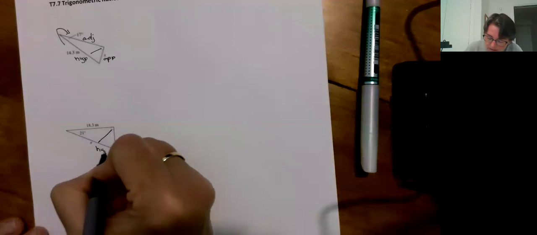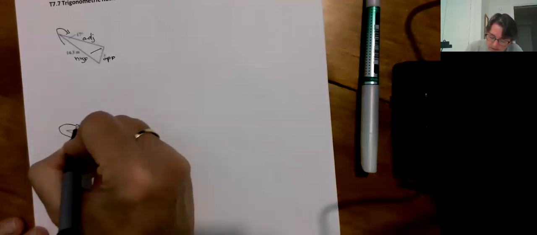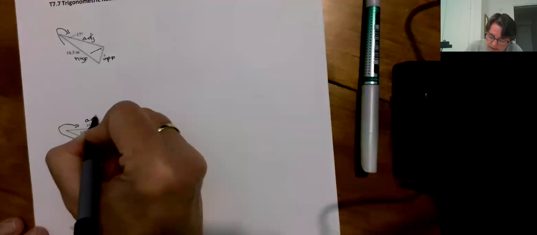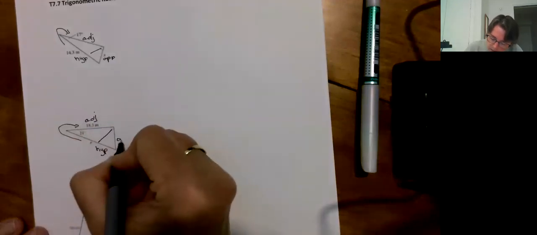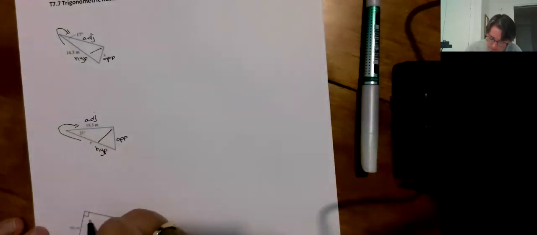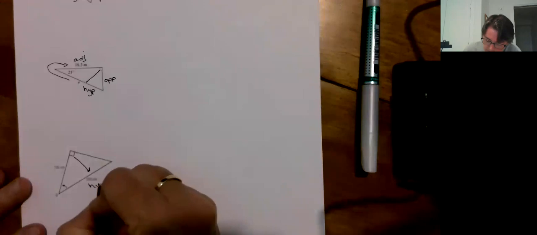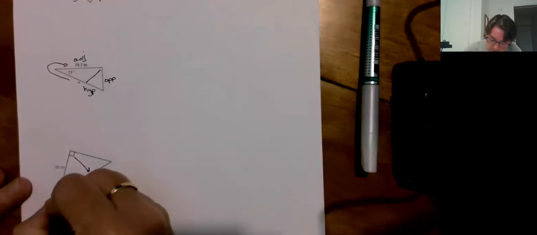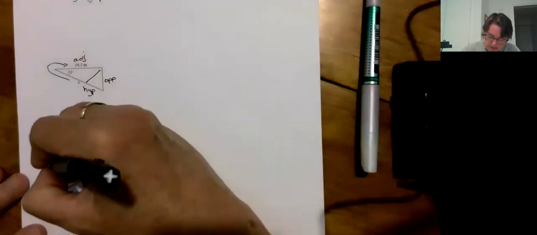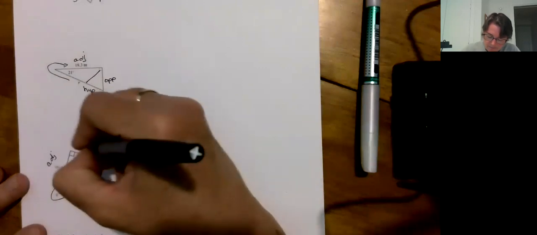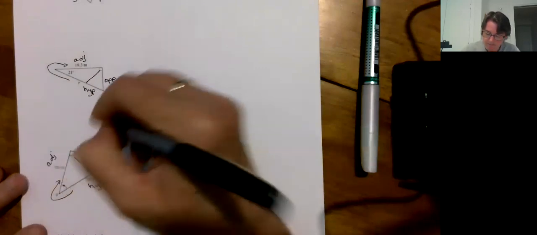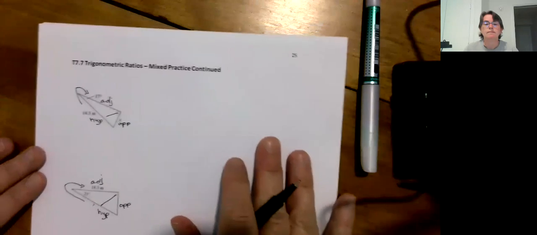There's my hypotenuse, around my angle, so that makes it adjacent and opposite. One last time, there's my hypotenuse, around the angle, which makes this adjacent and this opposite. All right, cool.